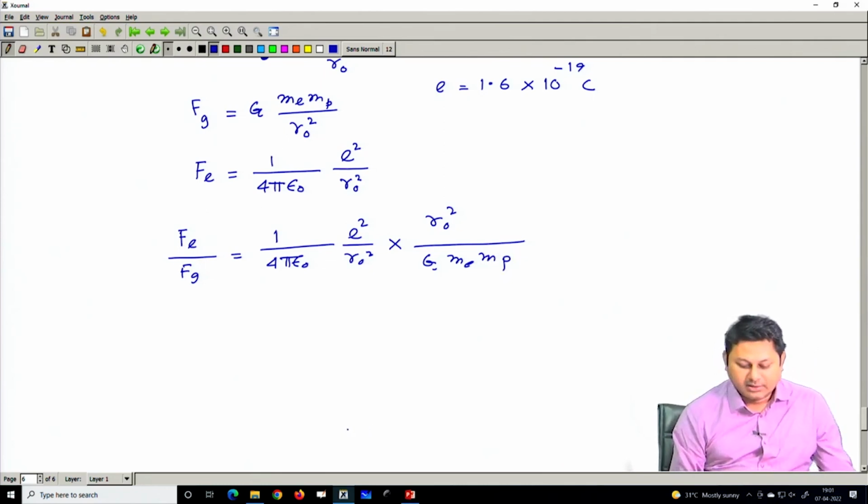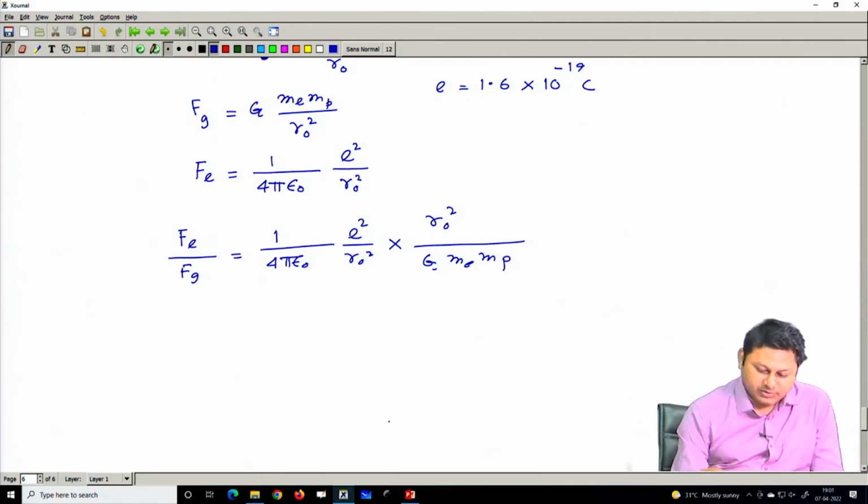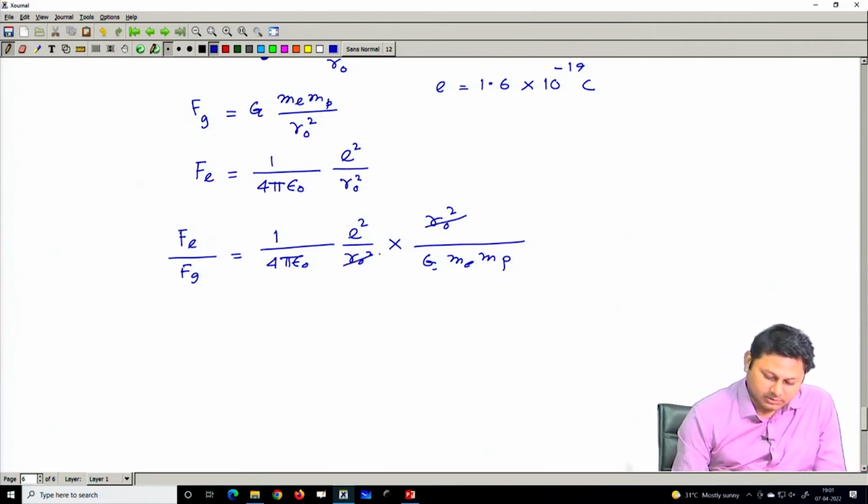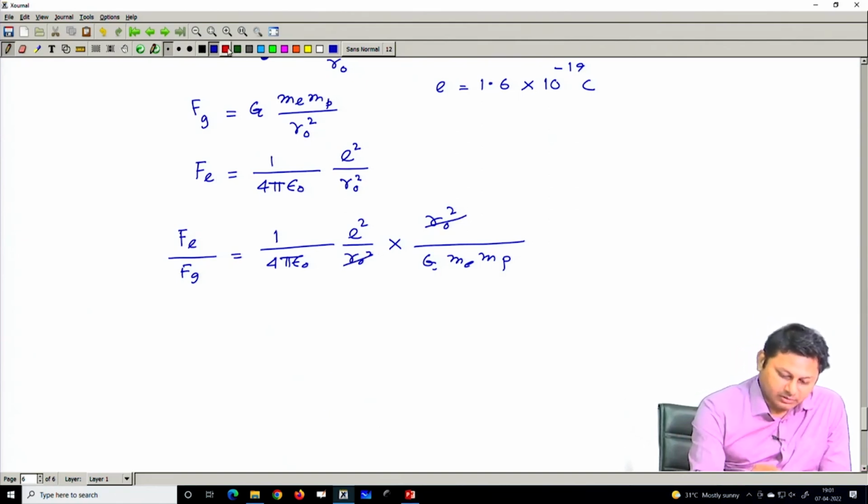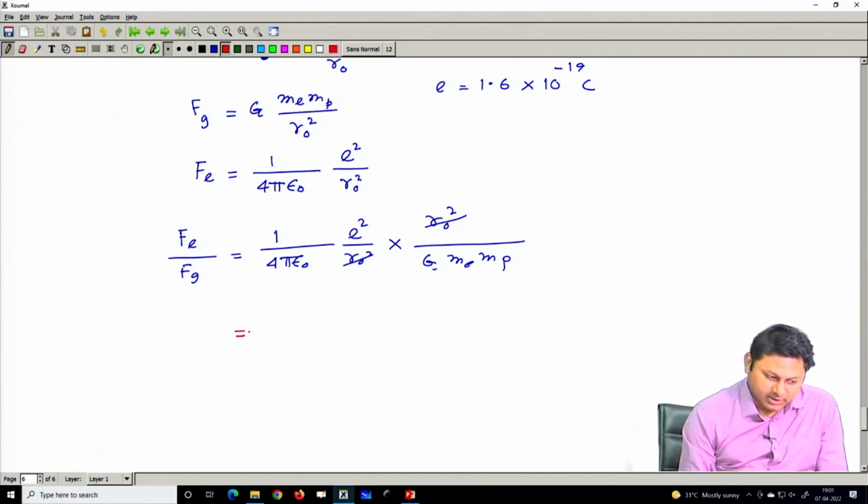Okay. And then I can see that r0 will cancel out, and what else, that is all. So, eventually I get this quantity, e square divided by 4 pi epsilon 0, and then we have a G here and we have Me here and Mp here.